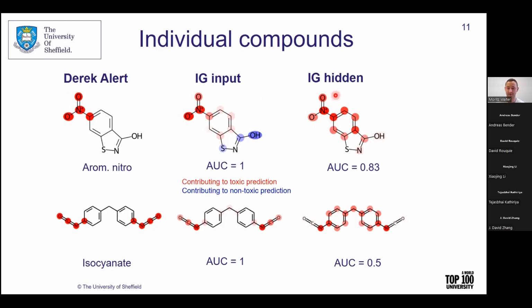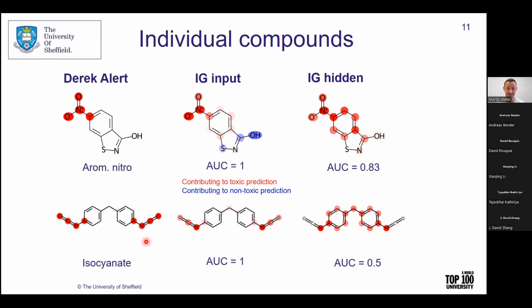The attribution for IG hidden looks a bit different. Pretty much the whole aromatic system gets highlighted, which does not perfectly agree with the alert, but it's not incorrect for an aromatic nitro to highlight the aromatic system that belongs to it rather than just the aromatic carbon, even though this leads to a lower AUC score.